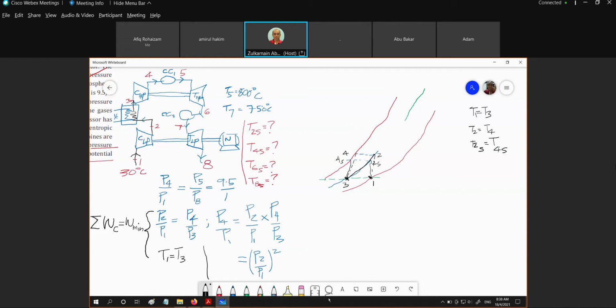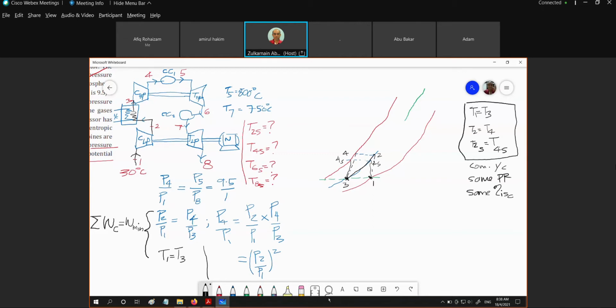Okay? And please remember, they are equal because of complete intercooling, same pressure ratio, and they are having the same isentropic efficiency for both compressors. That's why we have this information.